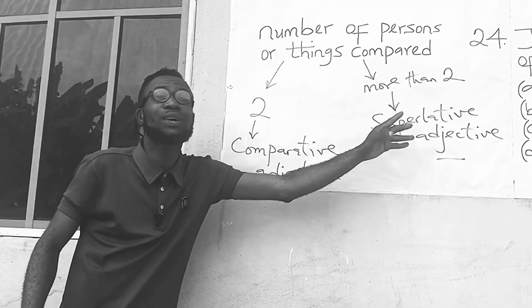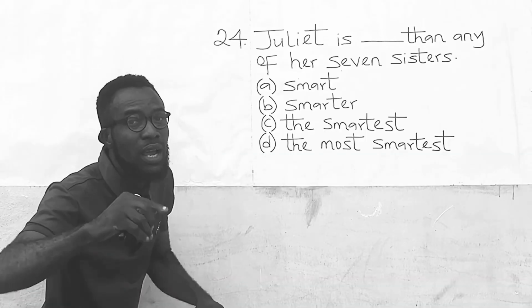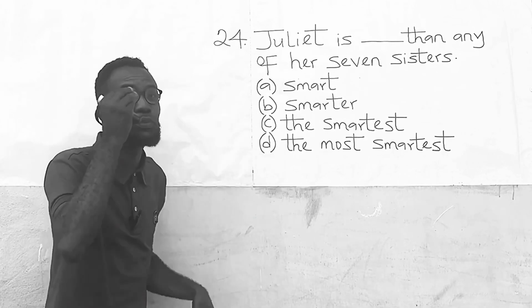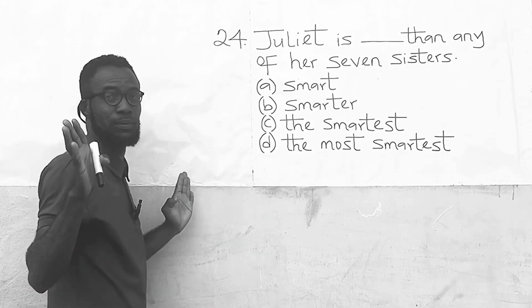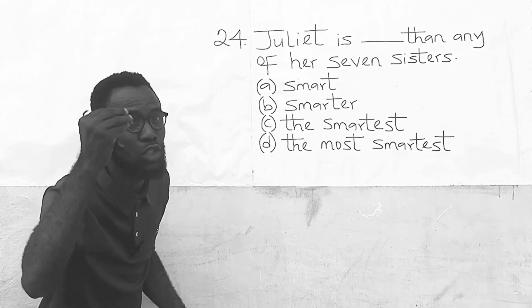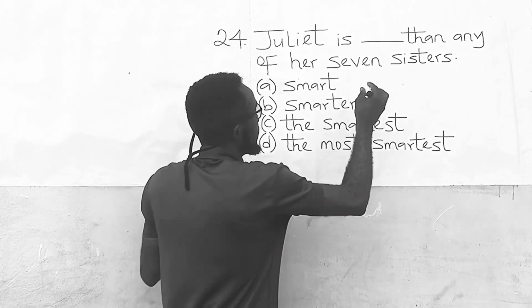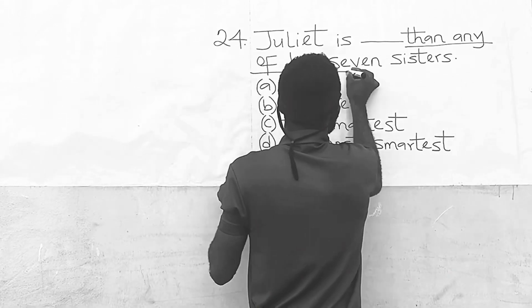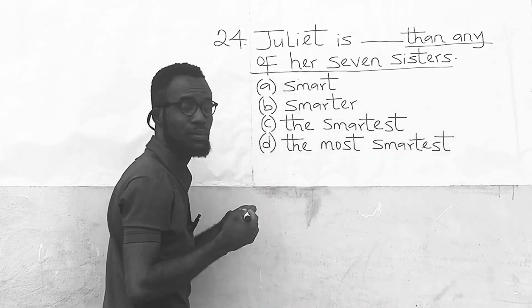Let us apply everything we have talked about to this question with a view to answering it correctly. If you look at this question, you will find out that it contains the phrase than any of our 7 sisters.